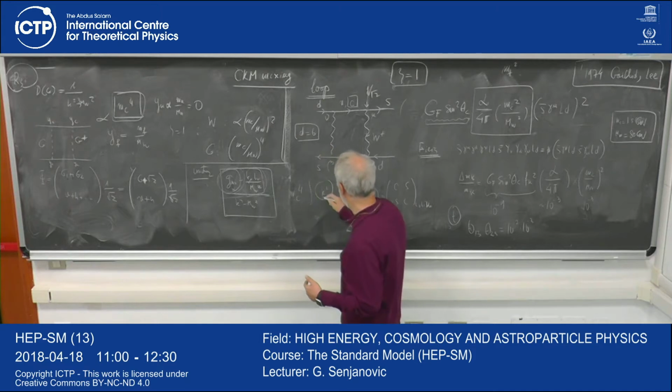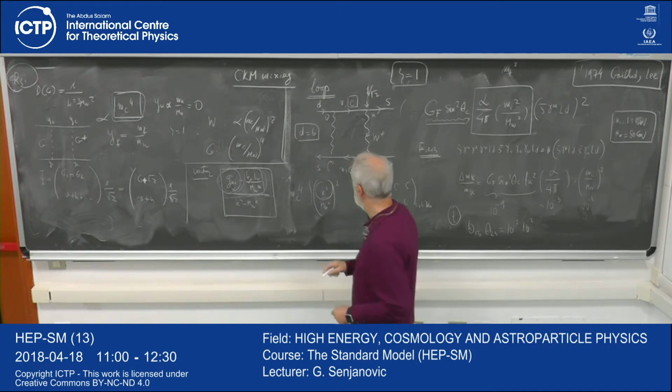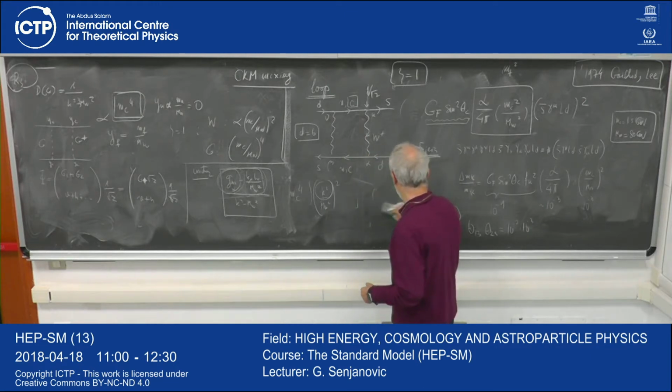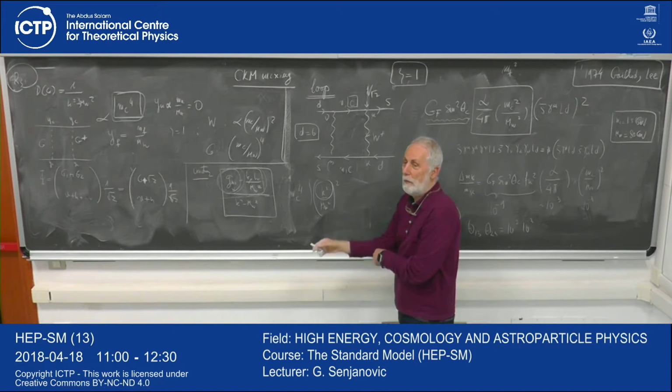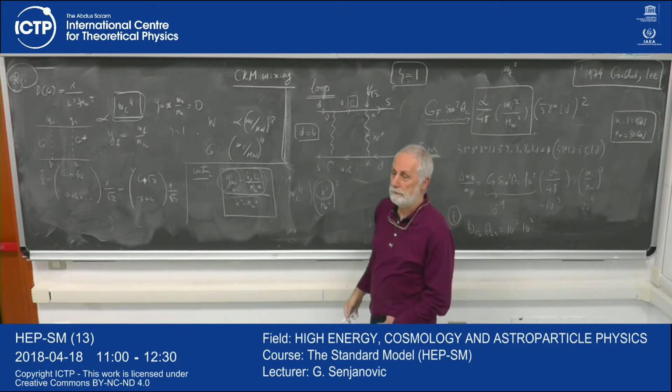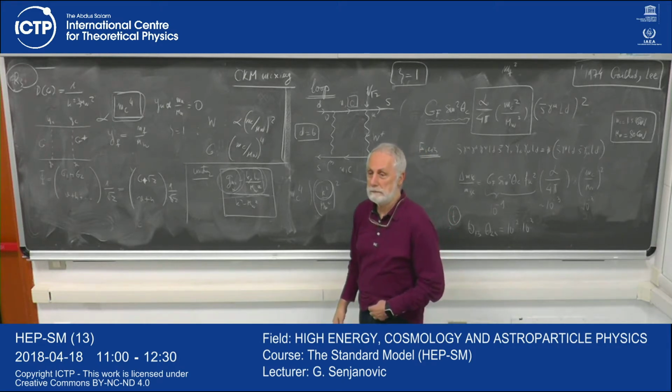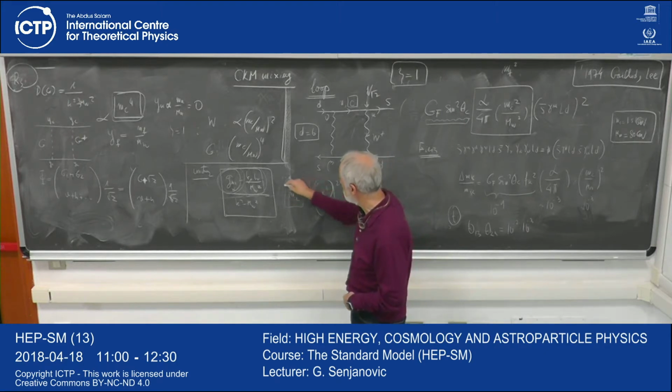Actually, the worst term will go as k squared over m_W squared. But it will help in the infrared. It's order m_c to the fourth. It's negligible. There was m_c to the fourth.